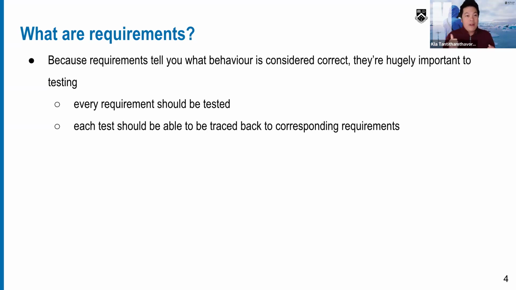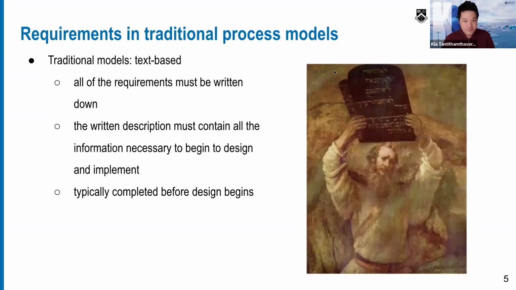That's why every requirement must be tested, and each test should be traceable back to the corresponding requirement. I'm sure there is one slide talking about the requirement traceability matrix. I'll talk about that later.